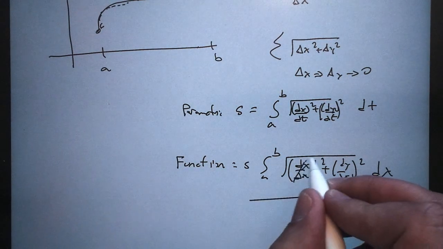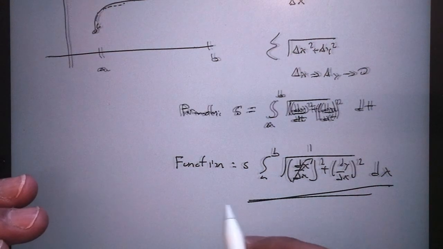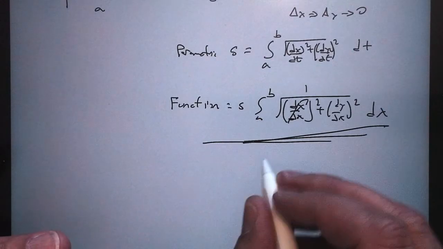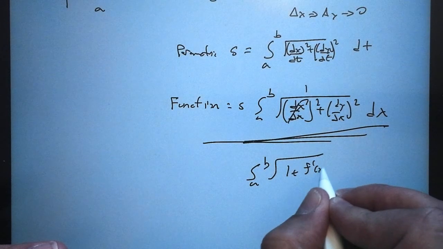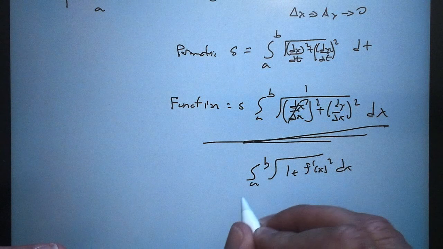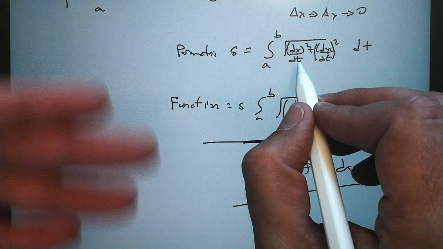And notice this just becomes 1. And that's our old function formula there. So for function notation, we use this equation: from a to b, the square root of 1 plus f prime of x squared, dx. For parametric, we are integrating with respect to t, so we use dx/dt.